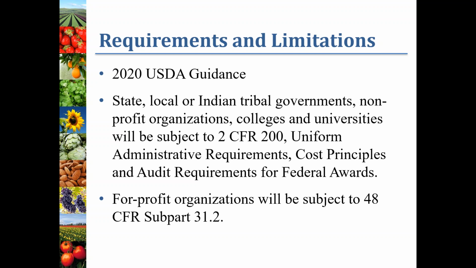For-profit organizations are subject to 48 CFR subpart 31.2. Within the RFCP, you will find links to additional information about these administrative requirements and cost principles. To help simplify this for you, we have also prepared the allowable and unallowable cost table to assist you in developing your concept proposal.